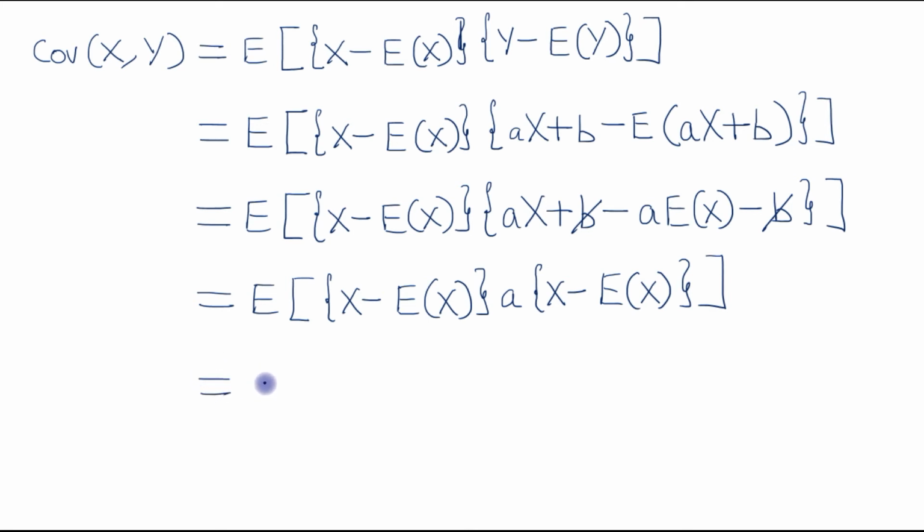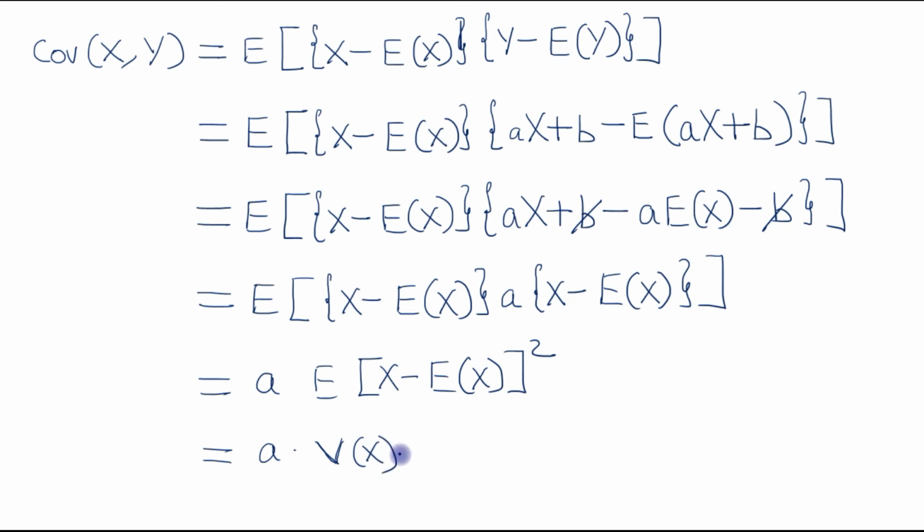Next step, this is the formula of variance of x, a times sigma square x.